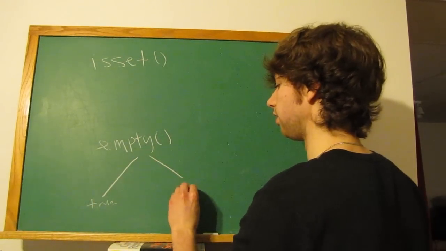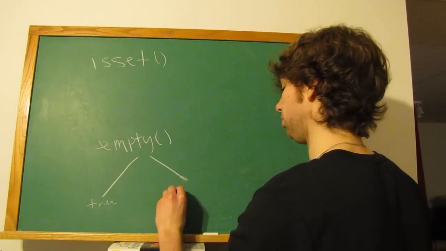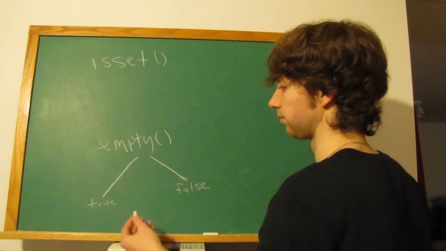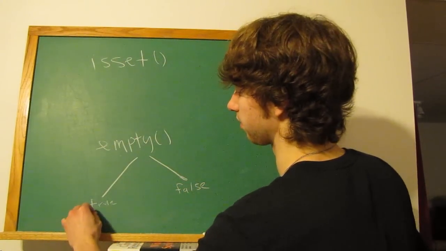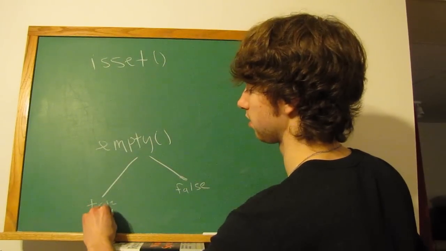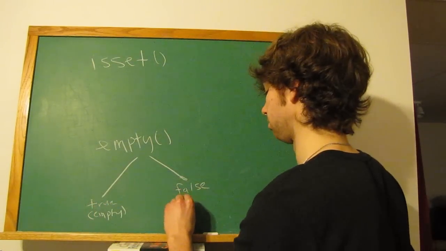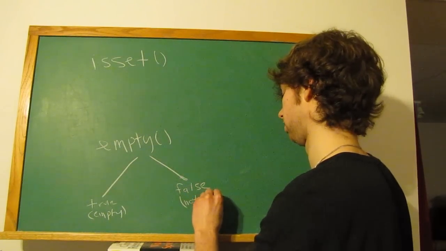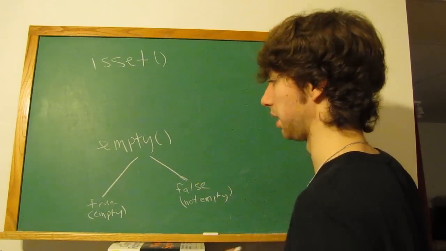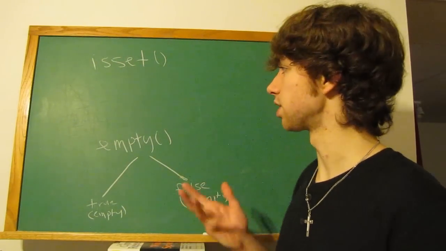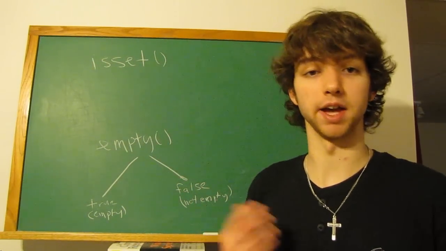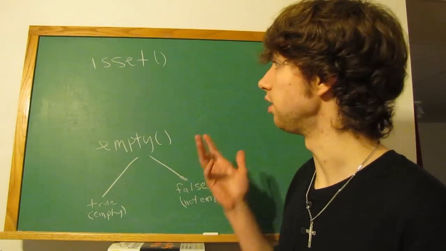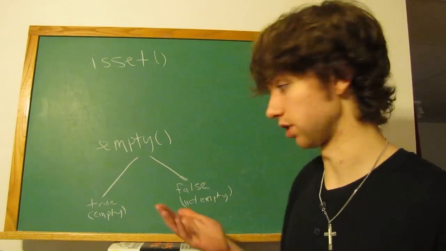If it's not empty, then it would be false. So this one would be empty. This one would be not empty. This is how the basic test works. So we can check if inputs have values using these two functions.